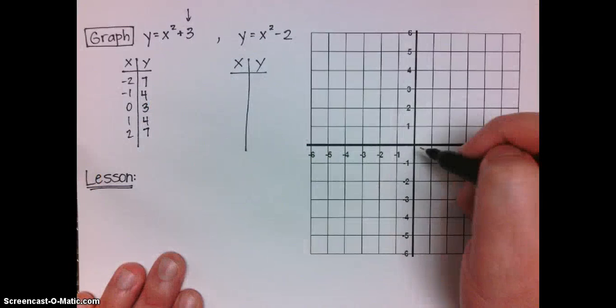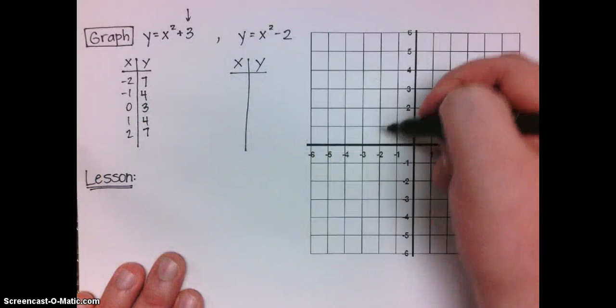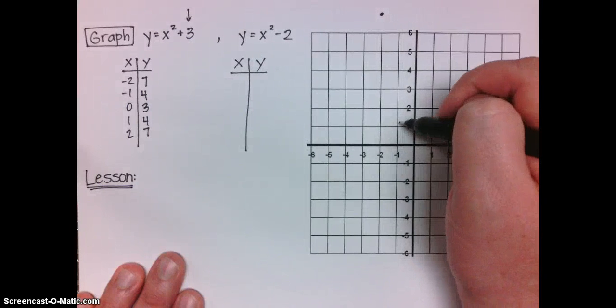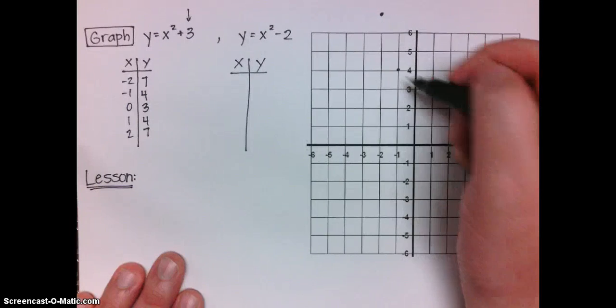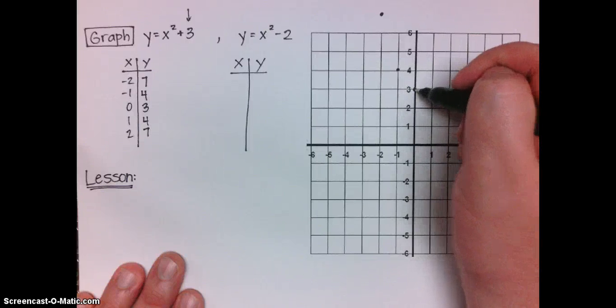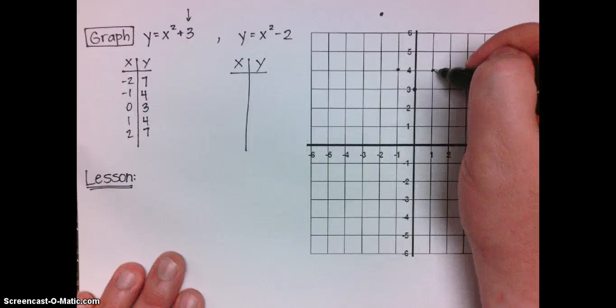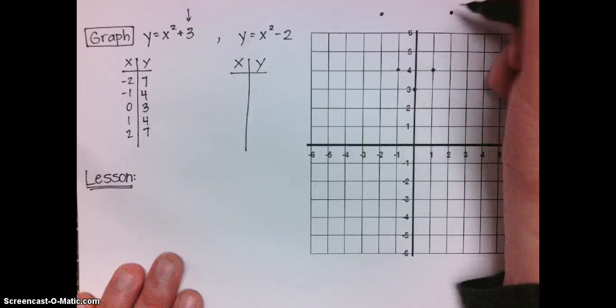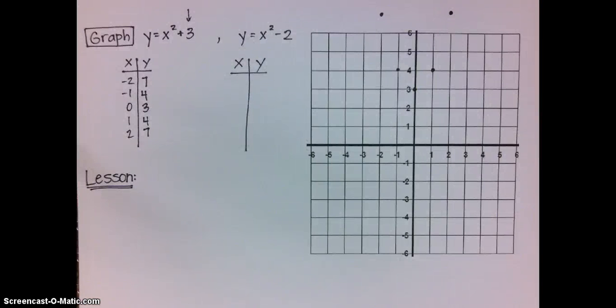I'm going to graph all of these points now. So I have -2 up to 7. -1 up to 4. 0 up to 3, 1 up to 4, and 2 all the way up to 7. So look at that.